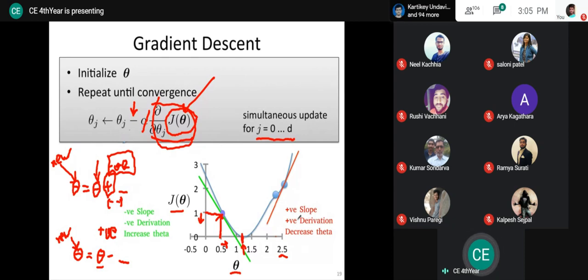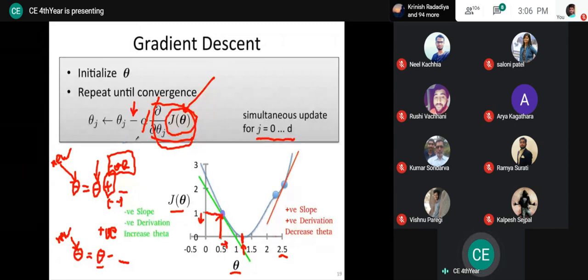That's why, with that reference, we have identified why this minus sign is in the update. I hope there is no doubt or issue in this learning algorithm. So we will keep updating theta until we reach convergence.